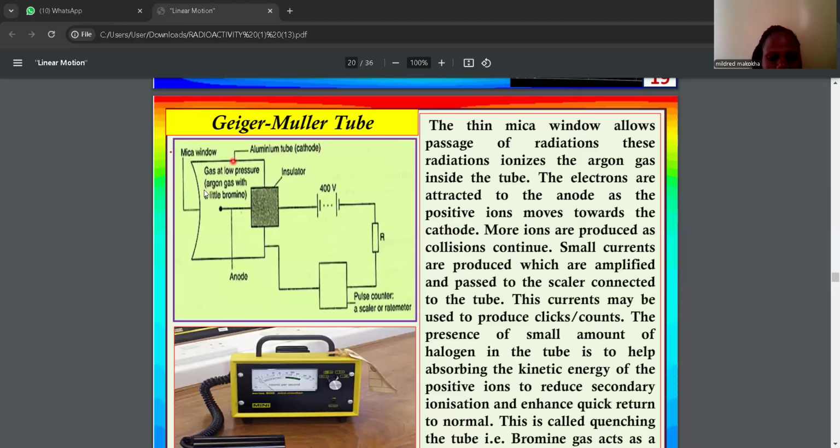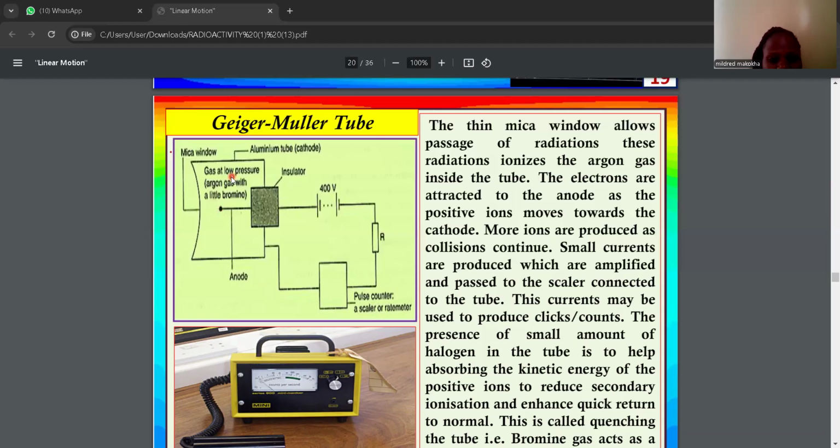If these positive ions reach the cathode, they can lead into more ionization, which will register a wrong, or rather a false current or a false count, because we are looking at the effect of the radiation ionizing the air.